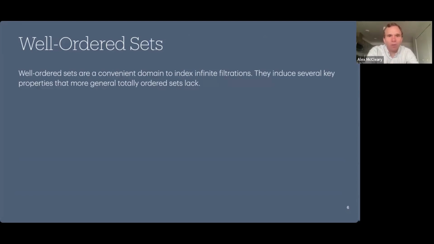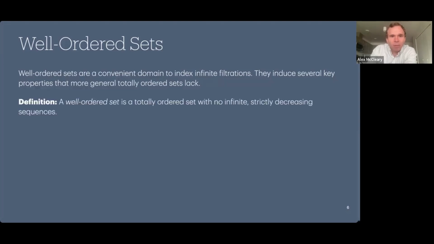And so we'll use well-ordered sets to accomplish this. Well-ordered sets are a super convenient thing here. They imply numerous key properties. In this construction, well-ordered sets aren't just used once or twice. They are used frequently and in numerous different ways. So they're actually a very important thing.